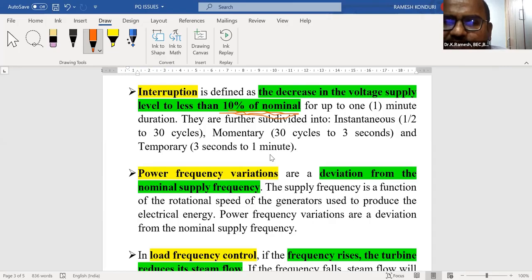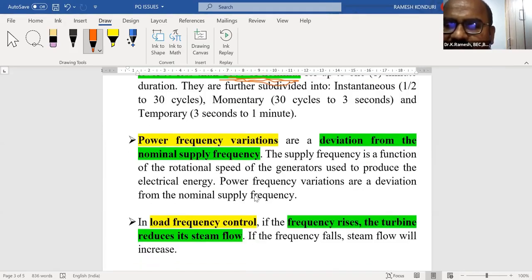Next, we are going to have frequency variations. This is the deviation from the nominal supply frequency. Of course, some frequency deviation will be tolerated. If it is a 50 Hz system, it can be tolerated from 49.95 to 50.05 Hz. But we see in the case of load frequency control, when the load on the system goes on increasing, the frequency goes on decreasing.